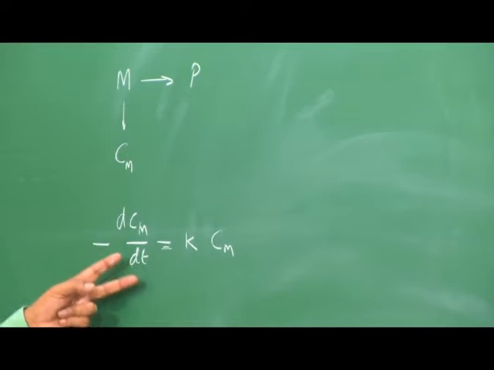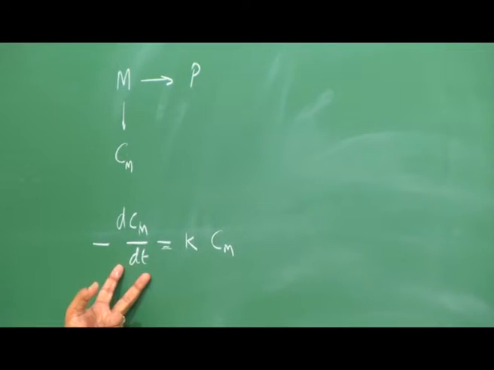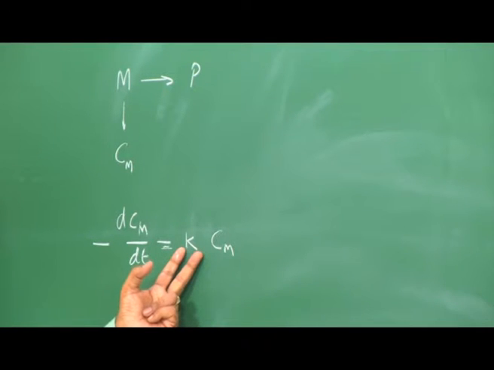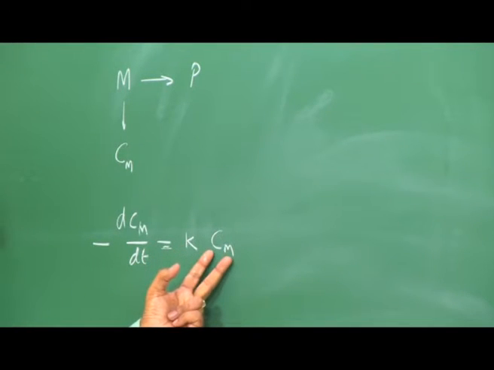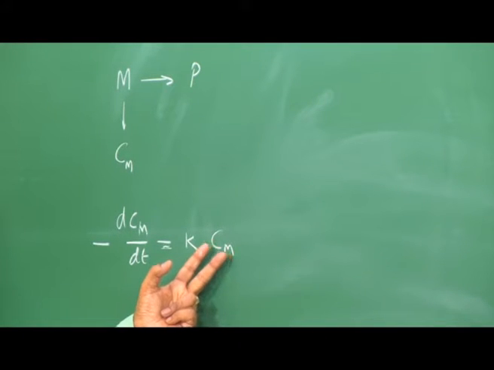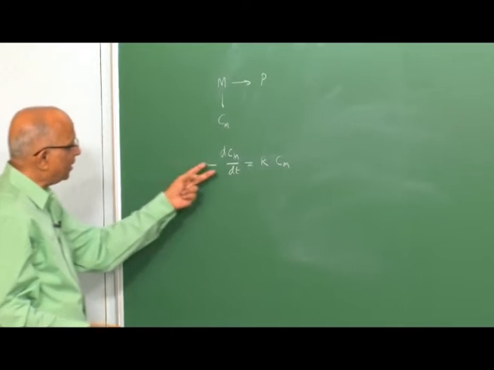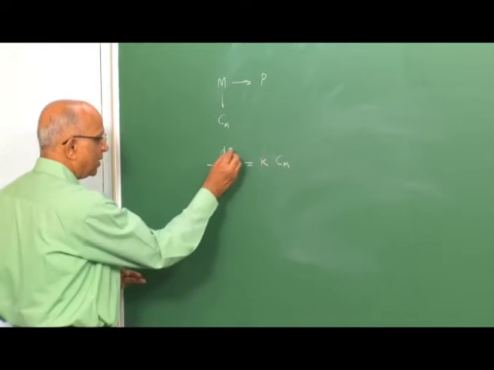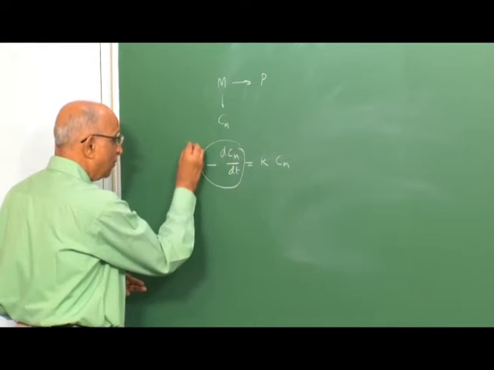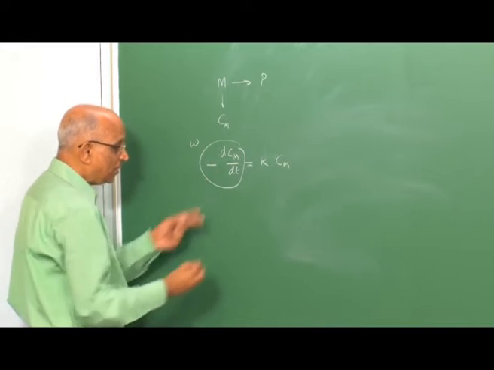Well, this is what it says, but the law of mass action also says that the rate of a reaction is proportional, that means I have a constant here, to the active value of the concentration here, active because in some liquids and in some reactions, we have to consider the effective value, we will consider the concentration as it is. Therefore, we say, well, minus dCm by dt is the rate of a reaction, I can call this omega, which is the rate of a reaction. And what are the units?